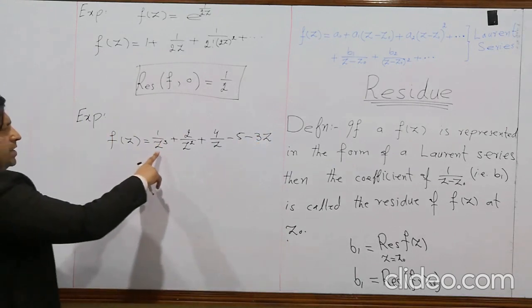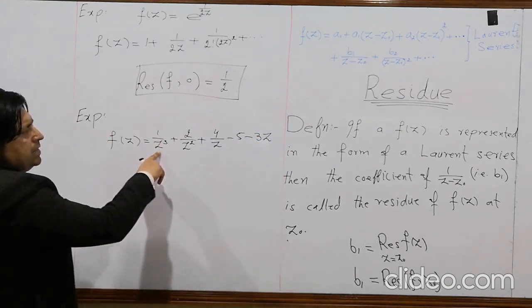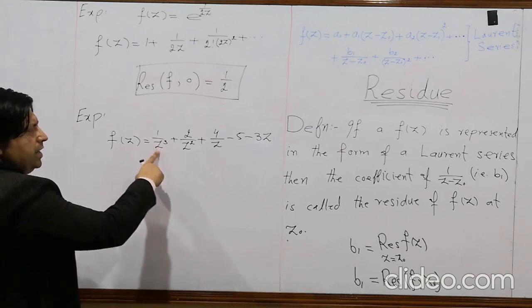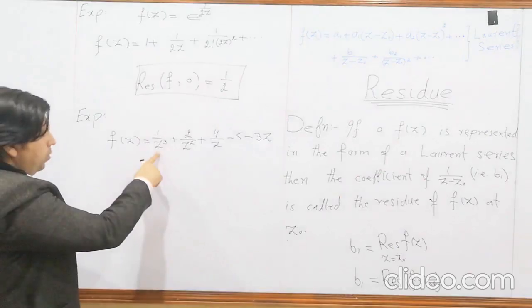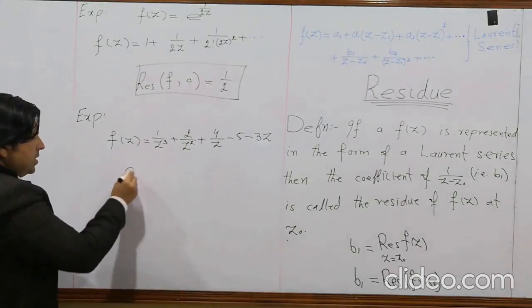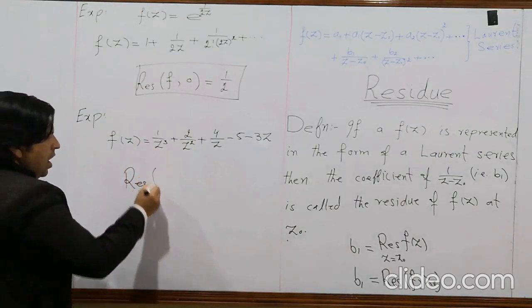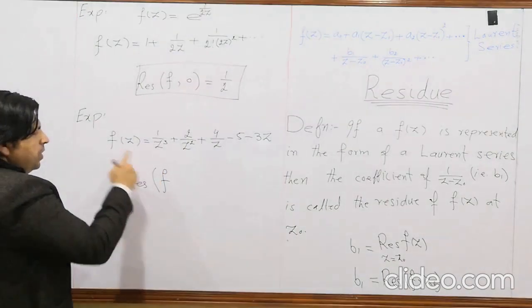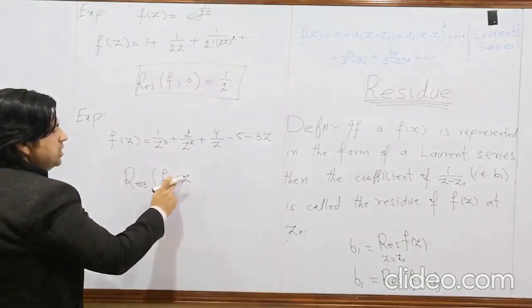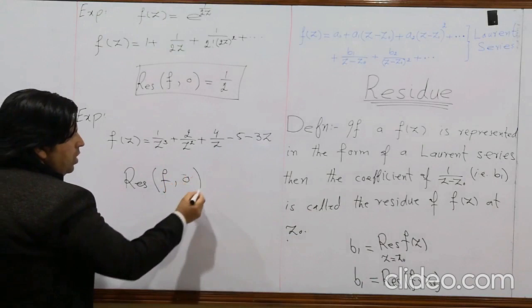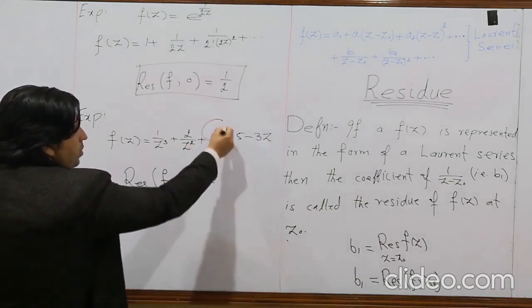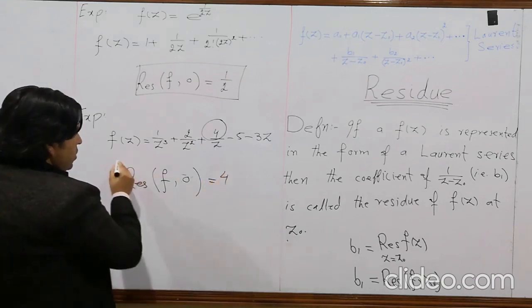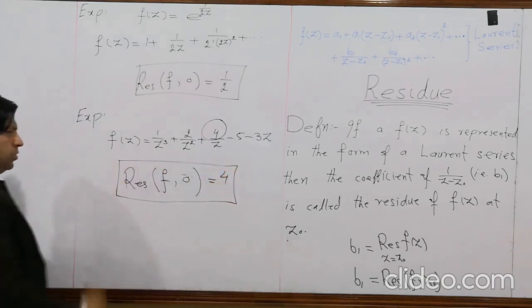So we can see that this function has a singularity at z is equal to 0, which is a pole. So the residue of the function f at the point z is equal to 0 is the coefficient of 1 over z, and the coefficient of 1 over z is 4. So this is the required solution.